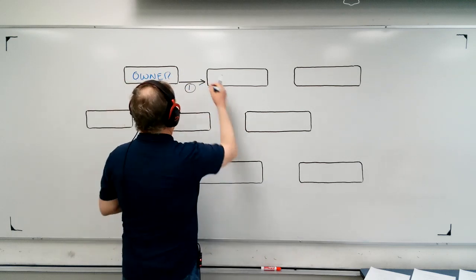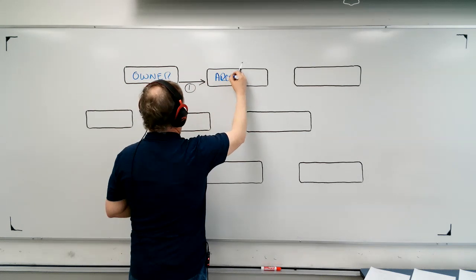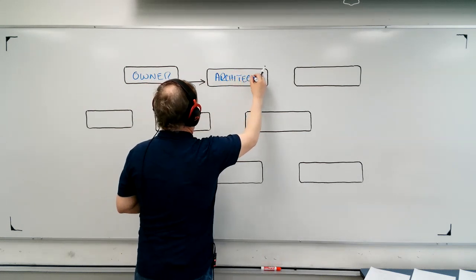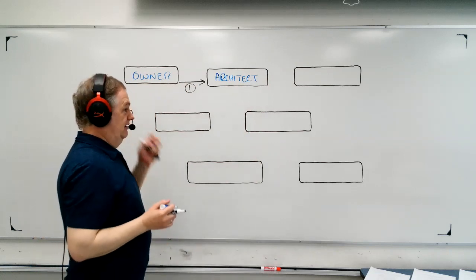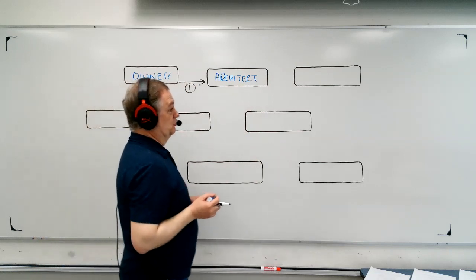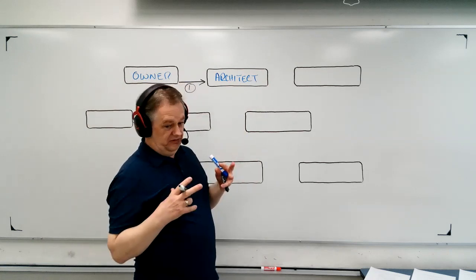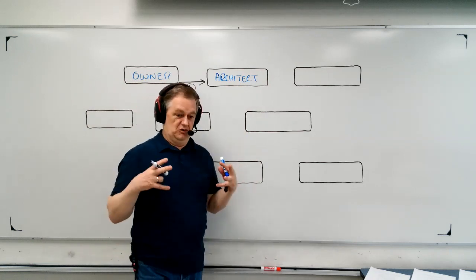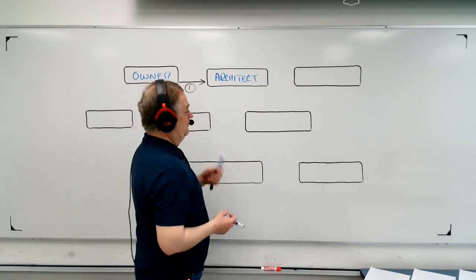And so the architect takes all that information in and starts to put it together. Now, when I say architect, this is quite often an architectural group. So it's not necessarily just one person, but it can be one person if it's a small project, or it could be a group of professionals that work together and do these kinds of projects.